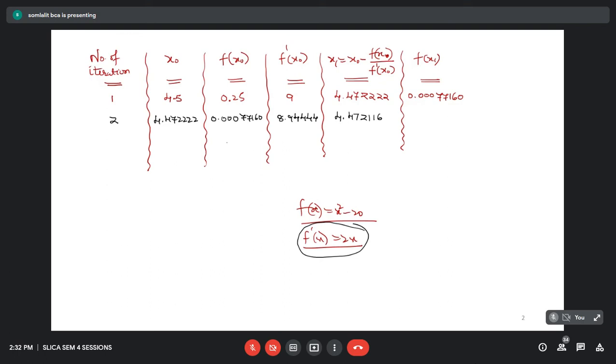What is f of x0 here? How much are you getting in this second iteration? Are you getting negative or positive? Negative. Okay. How many zeros? 4, 5? 5.